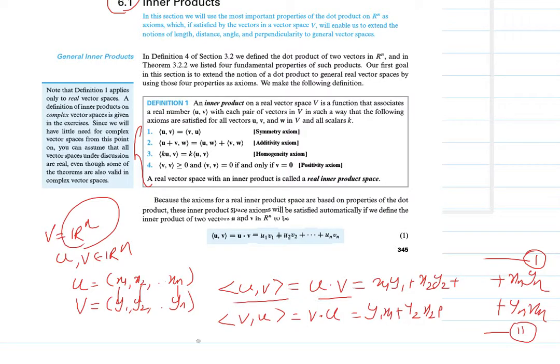And you clearly know in R, xi into yi is same as what? Yi into xi. So equation 1 and 2 are same. That means inner product UV and inner product VU are same. So this condition holds. Similarly, you can verify all these conditions, and it's an inner product on Rn.